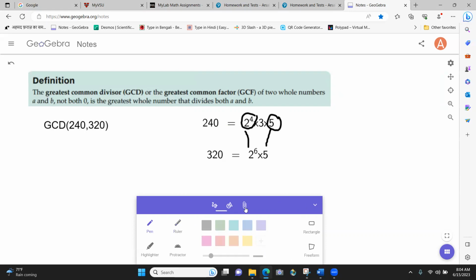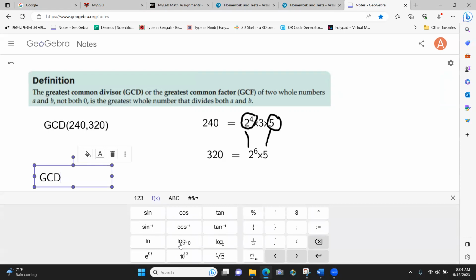So let me do it like this: 2 to the power 4 times 5. 2 to the power 4 is 16, and 16 times 5 is 80.